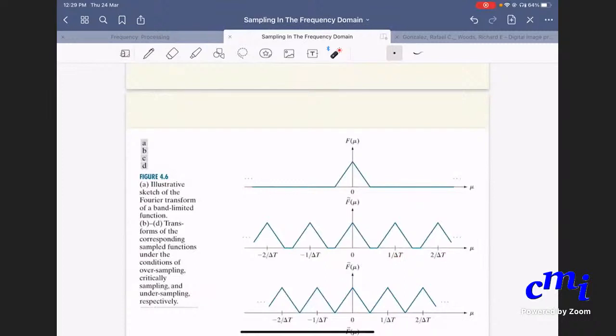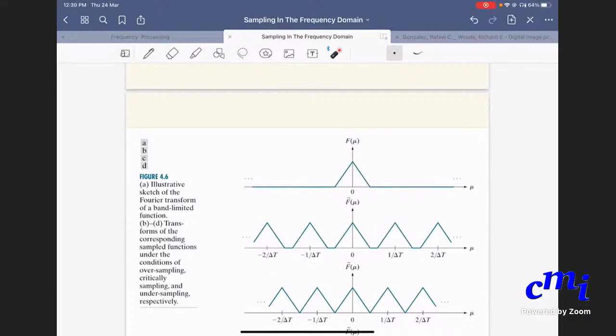Suppose delta t is a small value. Then 1 over delta t is going to be a large value, which means the separation is going to be a large distance. Then the copies of f will be placed with a gap.